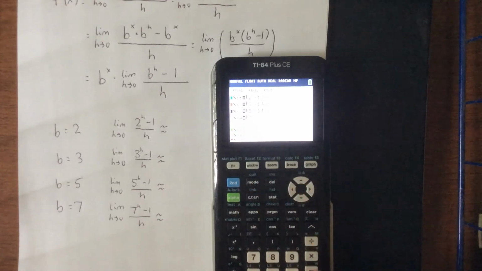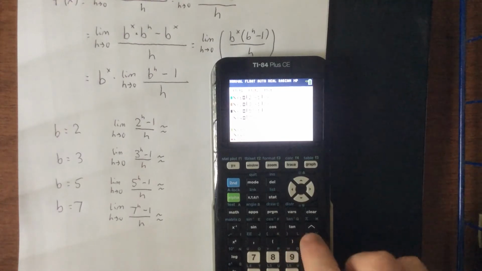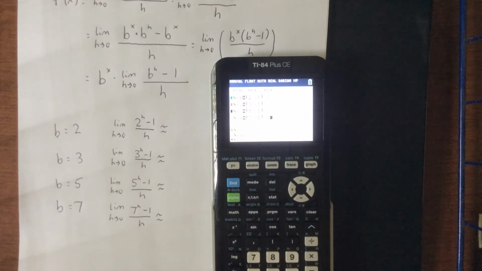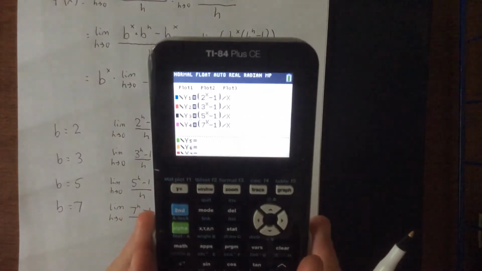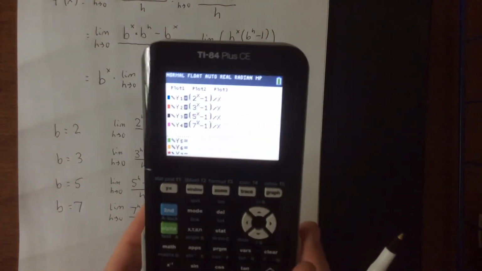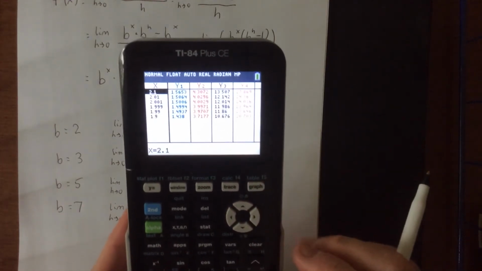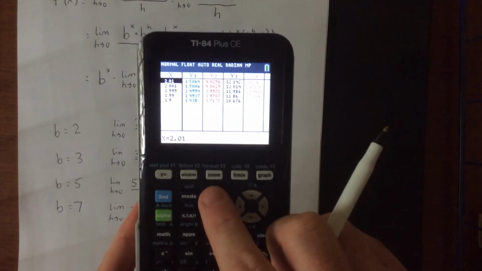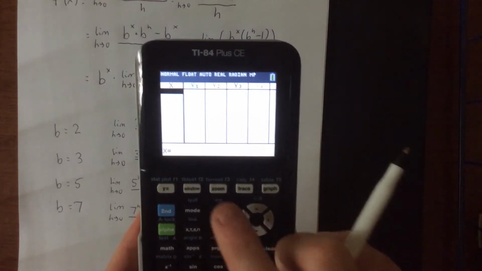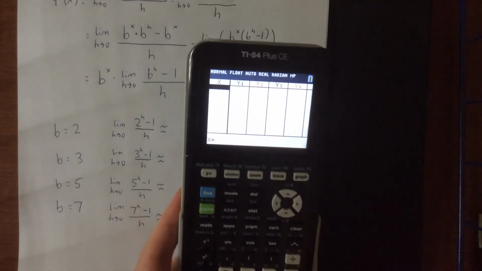What's great about the graphing calculator is its ability to do so many of these at the same time, saving us a little bit of time. So with that in mind, here's what we currently have. I am going to go to my table settings. I'm going to clear out all of the data that I currently have in here. And we are looking to take the limit as h approaches 0.